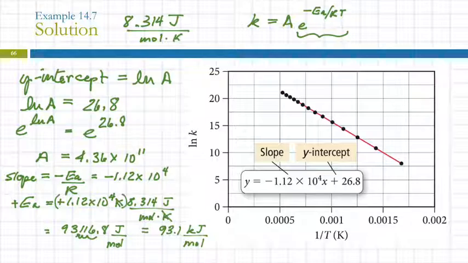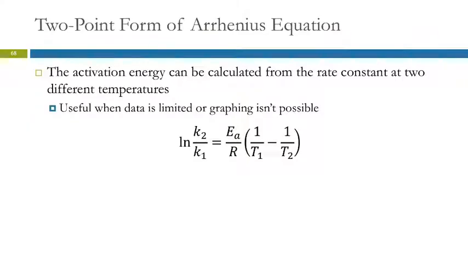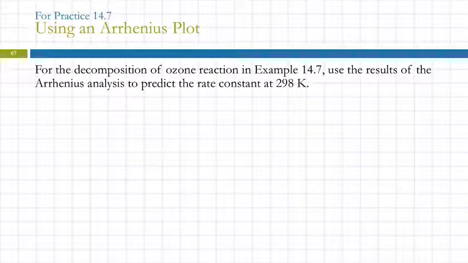I'm not going to remember that, so I'm going to write it on the board: 93.1 kilojoules and 4.36 times 10 to the 11th. There's got to be a better way to do that on my iPad, but I don't know what it is. So we'll just use the whiteboard.